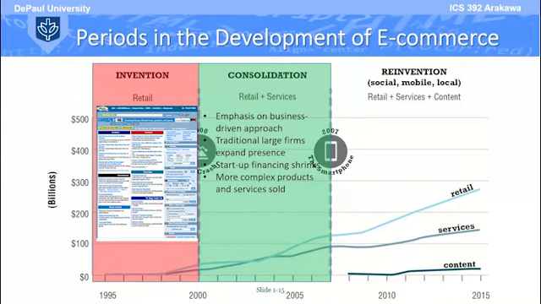We did begin selling more complex products and services, so not just simply things like books and CDs, but electronics and computers and other items like that. And this is really when search engine advertising started, and we're going to spend a chapter later on in the course talking about search engines, how they monetize that search engine service, and also how to design websites in light of search engine algorithms.